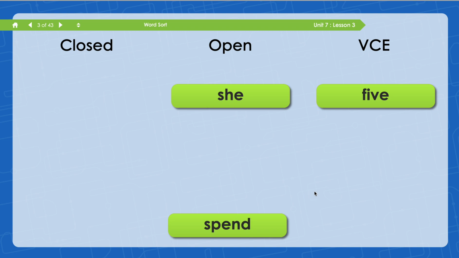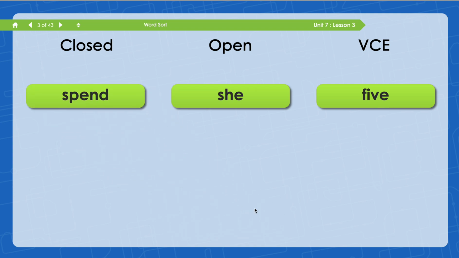I see 2 consonants after my letter E. Now, do I see a VCE pattern? No, I see a letter E there, right? But there's no consonant and vowel pattern here. I also don't have an open ending. There is a consonant after, and that makes the short E sound as in elephant, right? Let's check. Elephant. Yes, that is a closed syllable.